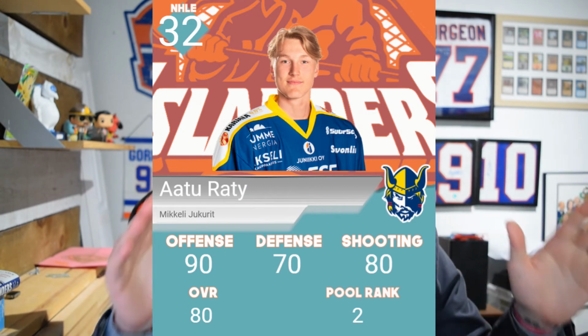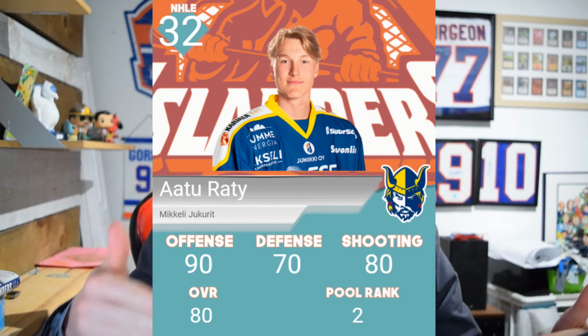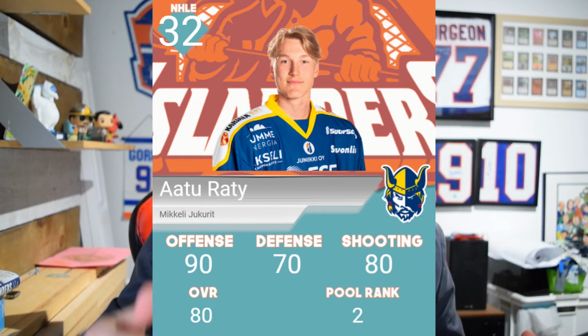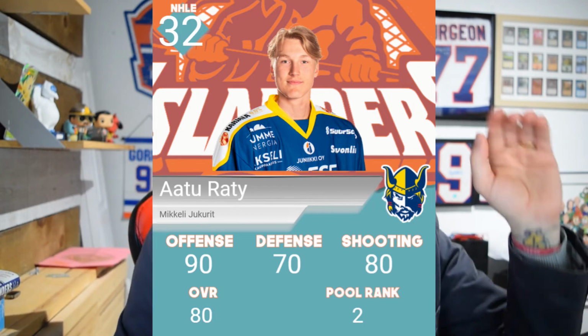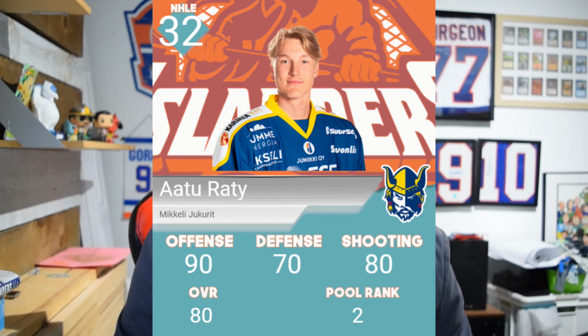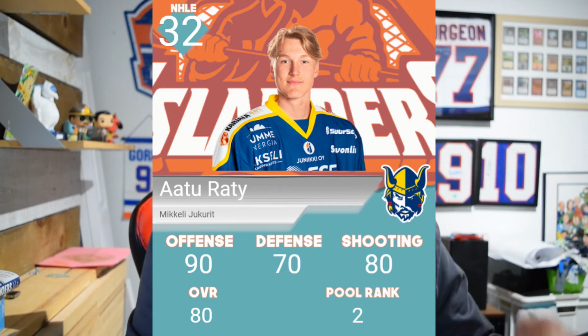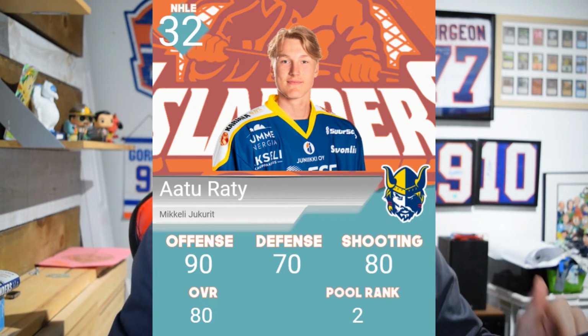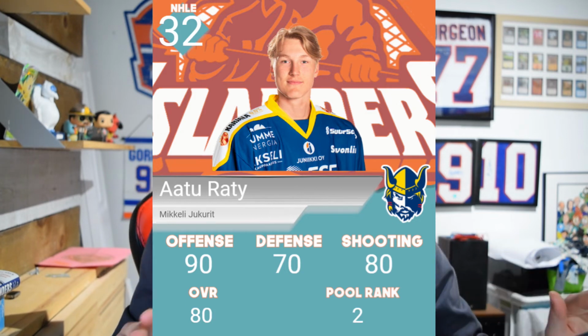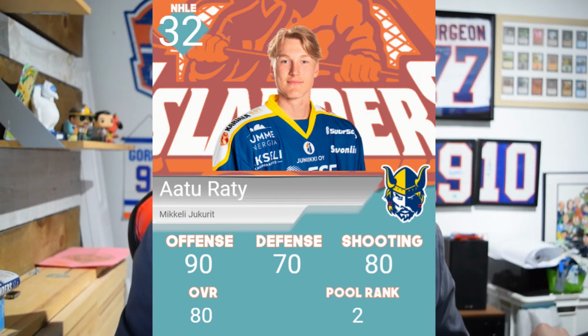And then you got Aatu Räty, right? More balanced player, performing at a higher caliber league and being equally impressive. 32-point NHL. Right away you're going, this is a 19-year-old and he's playing at a 32-point pace at what would be an NHL level. Excellent stuff. Offense, 90.